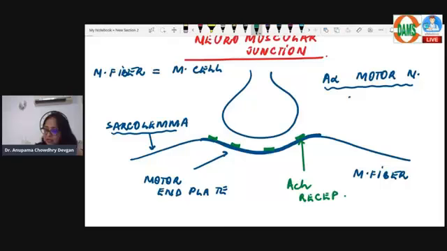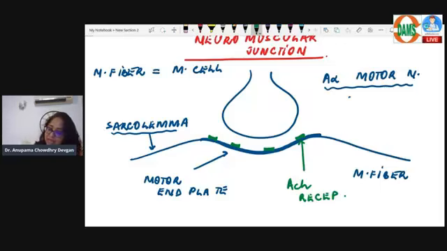Okay? So the neuromuscular junction is between the A alpha motor neuron and the thickened part of the sarcolemma, which is called the motor end plate. What is the significance of the motor end plate? This is where the acetylcholine receptors are present.